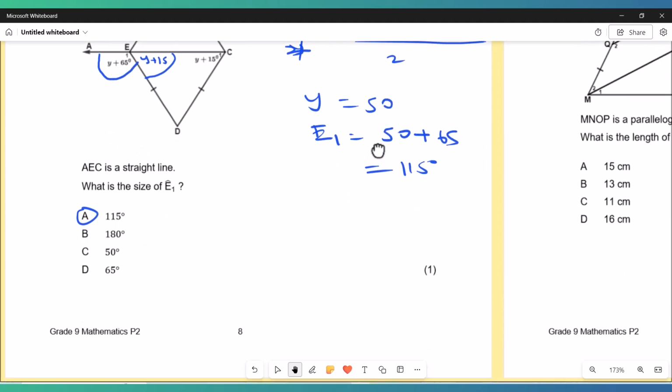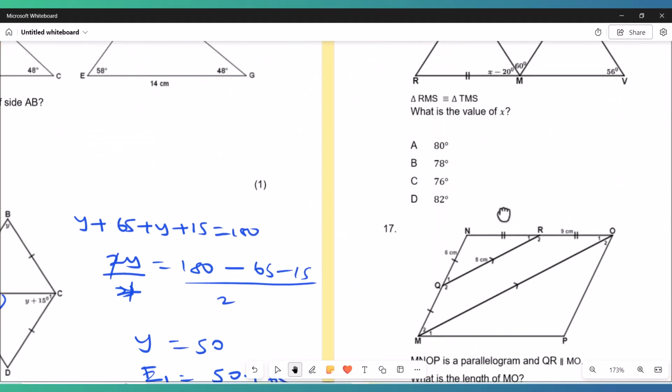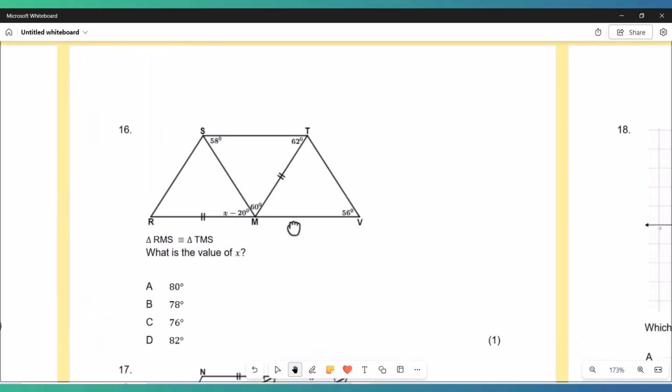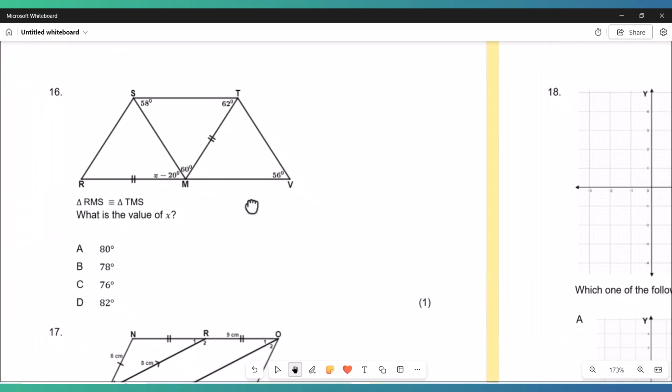Then next question here, 16. They say that triangle RMS is congruent to triangle TMS. Then they say, what's the value of x? Now our x is in this angle. Note here, guys, that if triangles are congruent, then they have equal sides and equal angles.